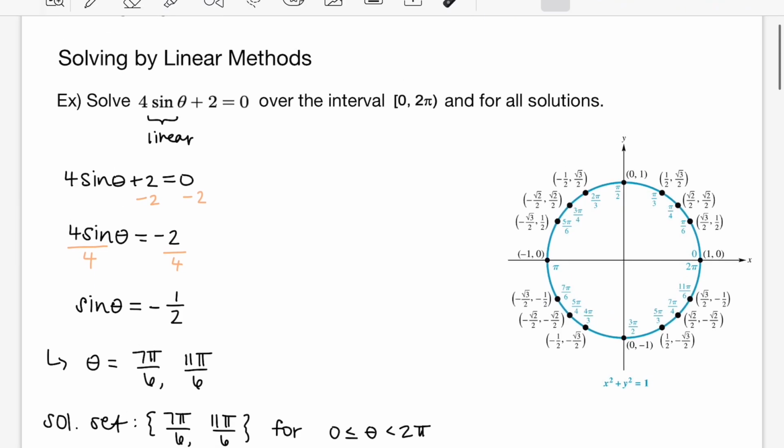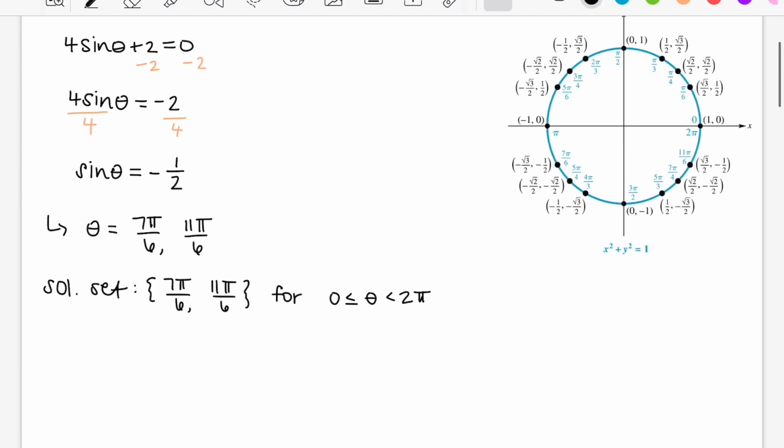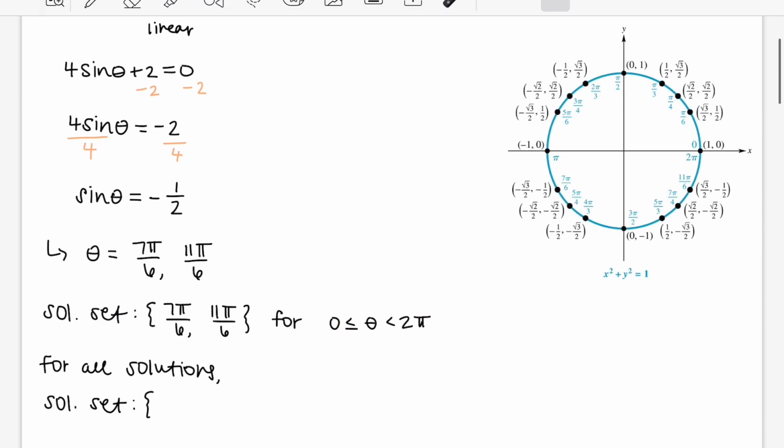Now we're also asked to solve this equation for all solutions. So in this case, what this means here is our solution set is going to be slightly different. We want to include all solutions outside of this interval here. So for example, we're saying that 7 pi over 6 is the solution here because in this case, sine of 7 pi over 6 is equal to -1/2.